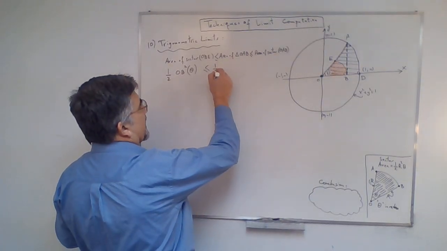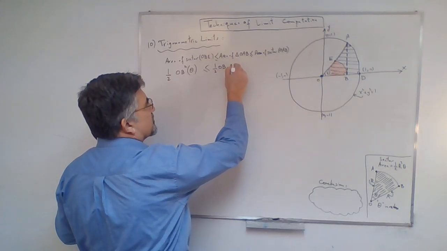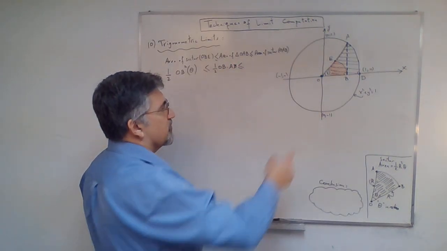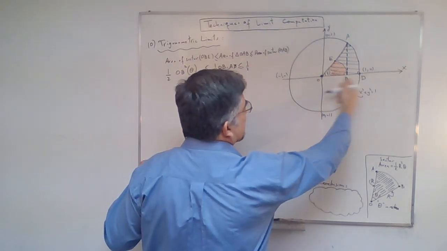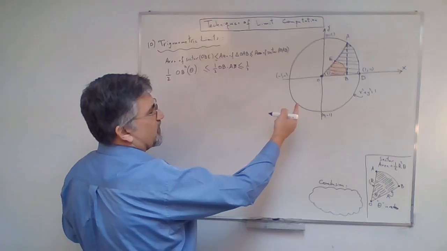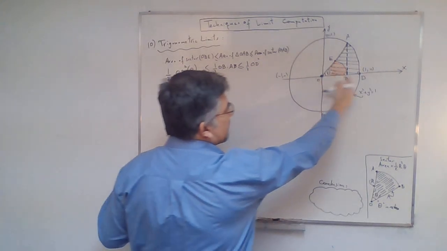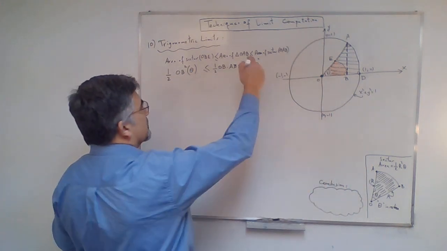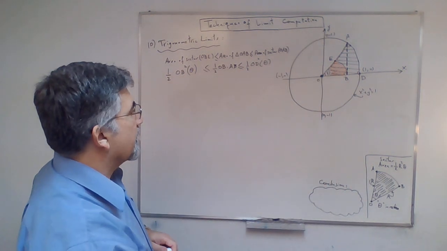So it's going to be 1/2 times OB, which is the base, times AB, which is the height. And then for the sector OAD, we can say it is 1/2 times OD, which is the radius of the big sector, squared according to the formula, times, of course, theta again. That's what we can say.